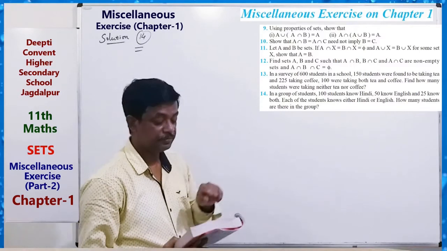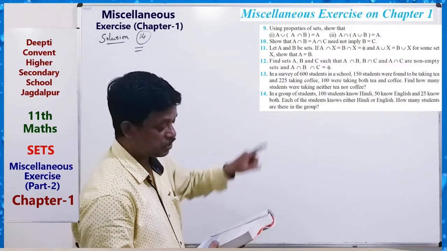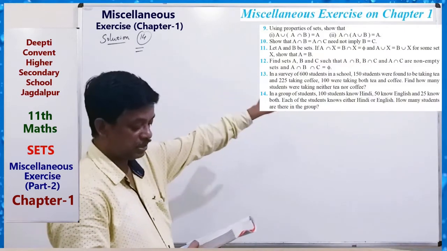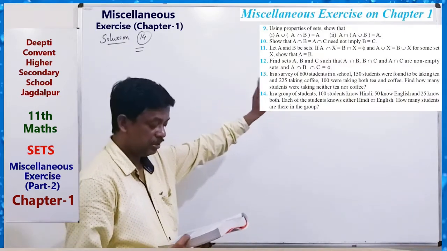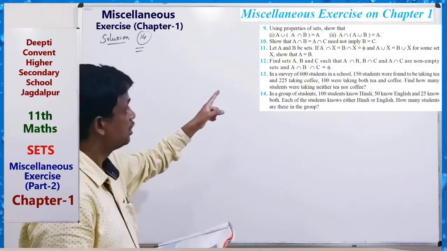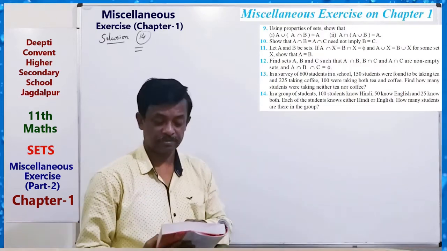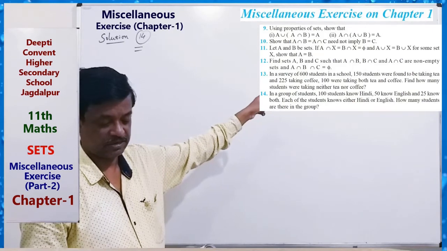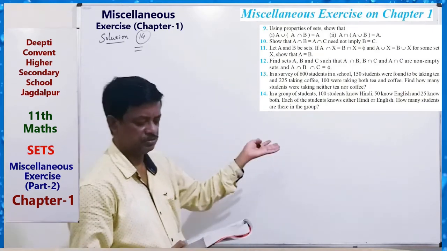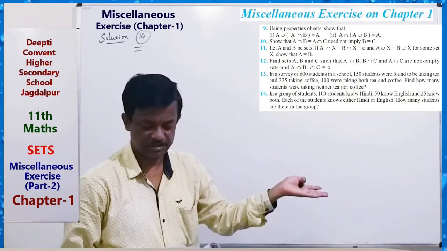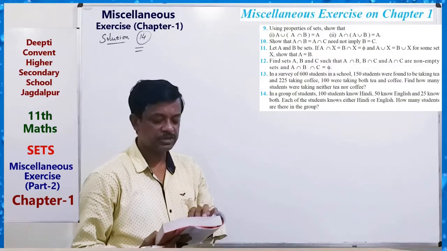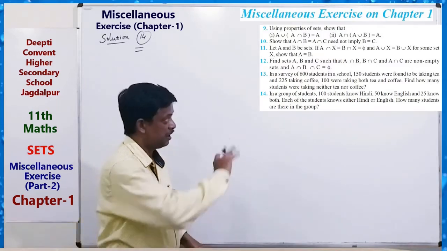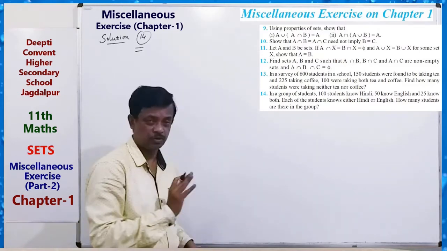Not given. 100 students know Hindi, 50 know English, 25 know both. Each of the students knows either Hindi or English, or both. How many students are there in the group? Each student knows either of these.